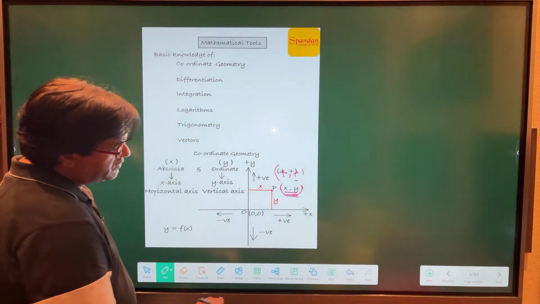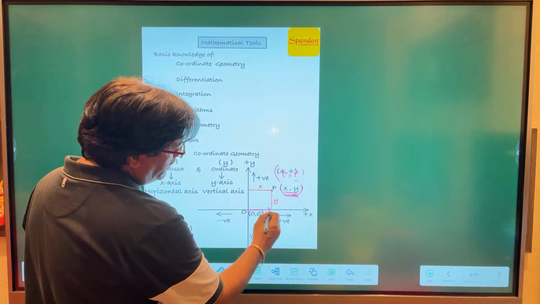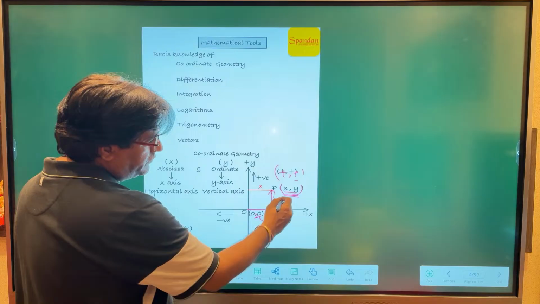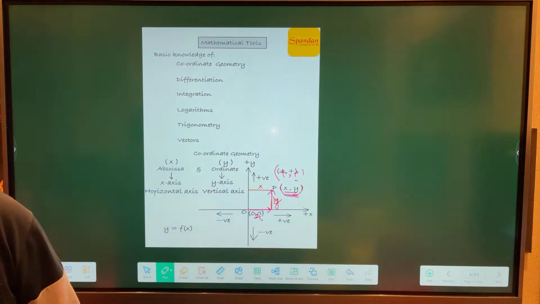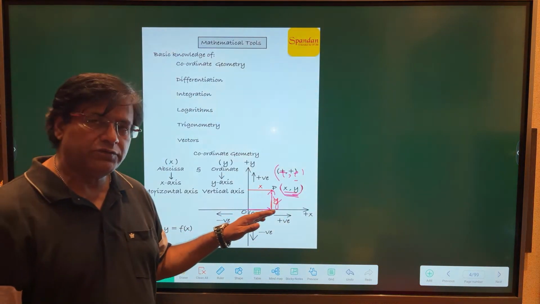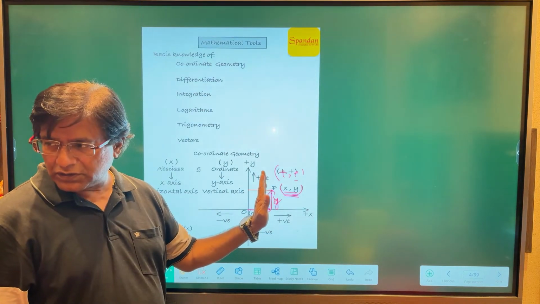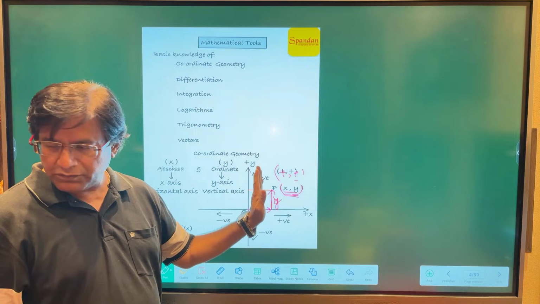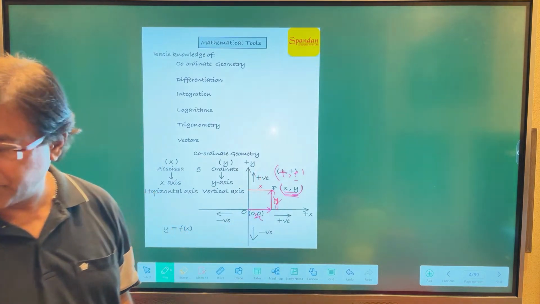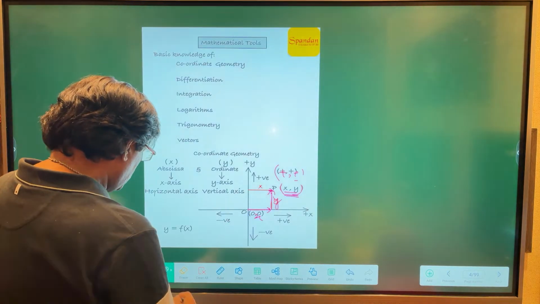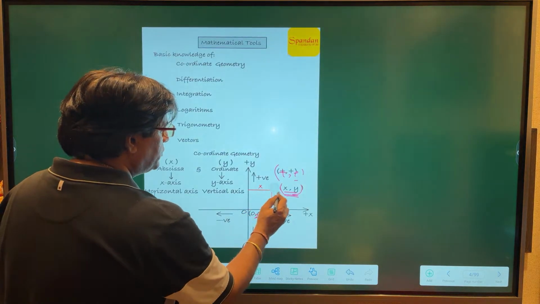In x comma y, we have to move by x amount in the horizontal direction and by y amount in the vertical direction. Clear? So in the horizontal direction we move x amount, and to reach the point we move y in the vertical direction. So we reach point P. This is the position of the particle.